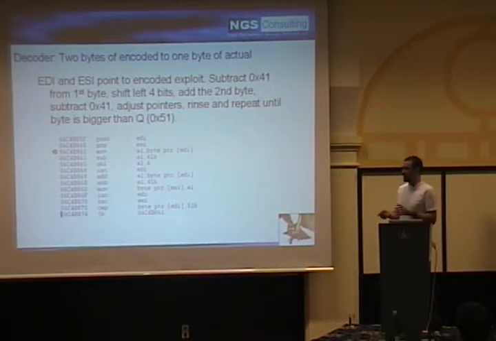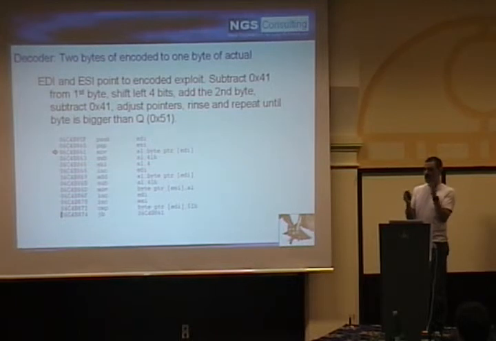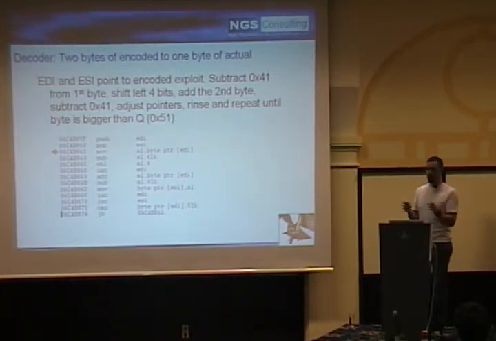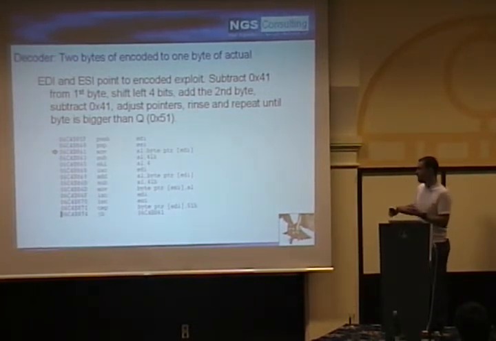The decoder itself: when I encode the exploit, I take a byte of exploit and split it into two, the most significant 4 bits and the least significant 4 bits, and add 0x41 to each half. That becomes our encoded exploit. Decoding is the same in reverse.